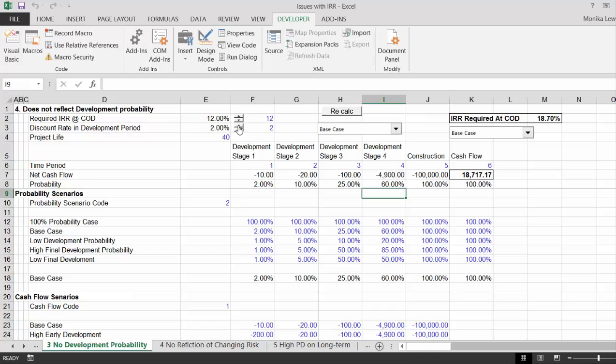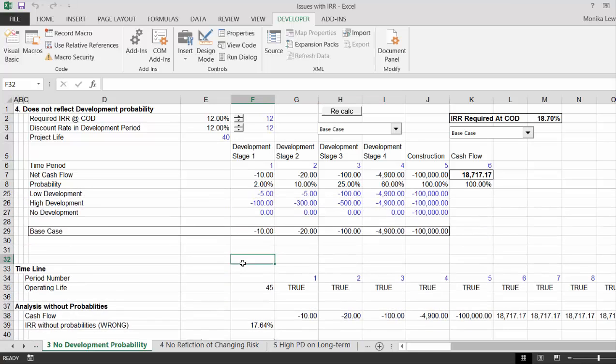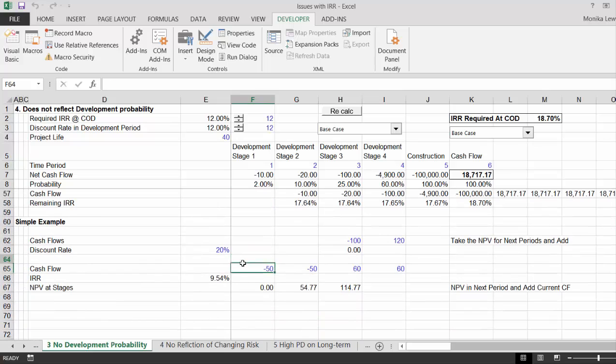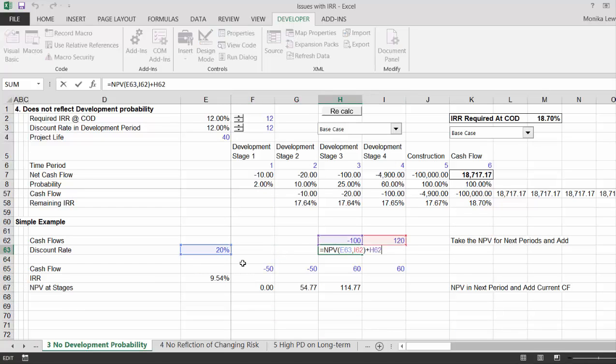Let's put this back to 12% for a minute so we can keep the discount rate the same. Now the way I did this was first, I didn't know how to do it. So first let's make a really simple example. If we want a 0 NPV, we could take the NPV of the next period plus this NPV.